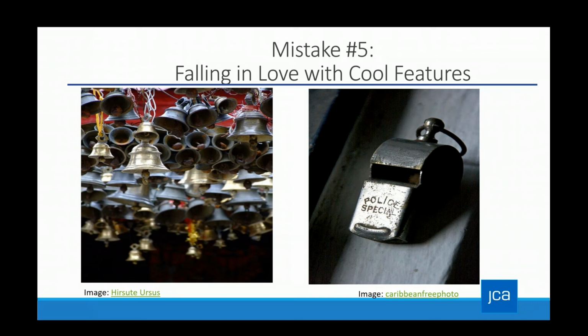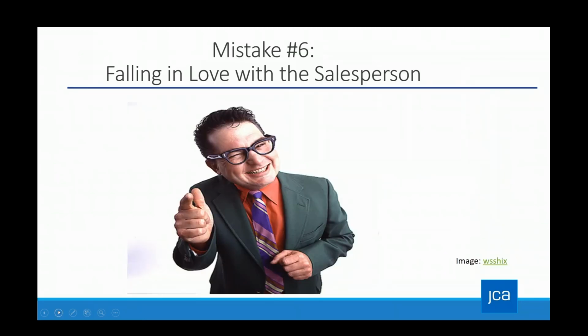The next common mistake is falling in love with the salesperson. With some vendors, the salesperson will become your account executive, and they will continue to be your liaison to whatever kind of problem solving or troubleshooting or service delivery issue needs to be taken care of. But it's very common that you will never see the salesperson again after you sign the contract, except at trade shows.